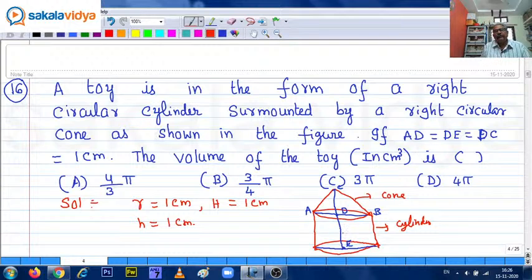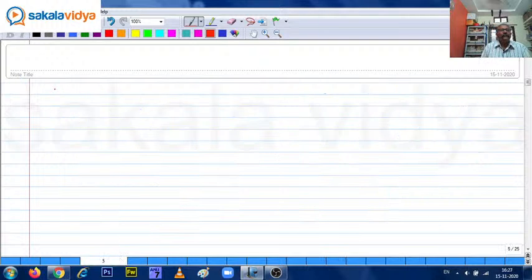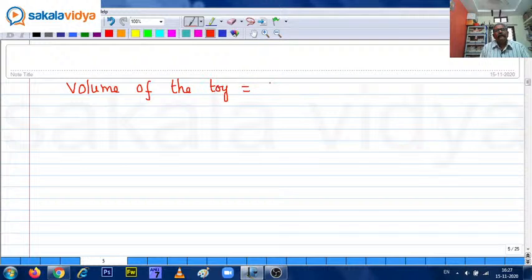Volume of the tie is equal to volume of the cylinder plus volume of the cone. So volume of the tie equals volume of cylinder plus volume of cone.